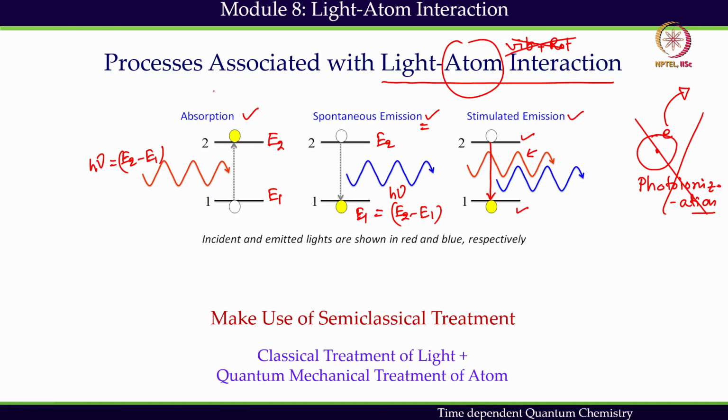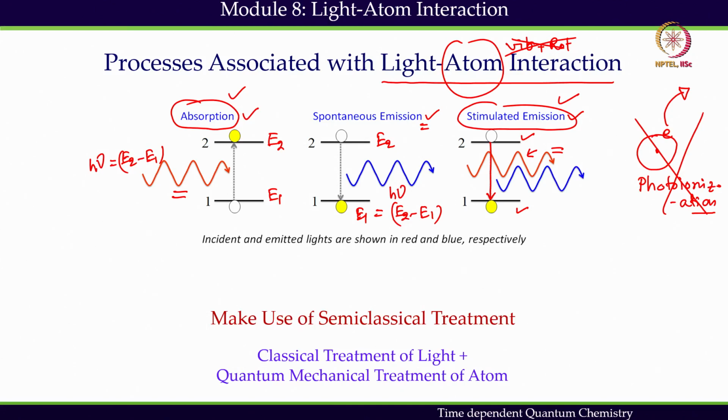For both absorption and stimulated emission, the rate will be proportional to the intensity of the applied radiation field, because you can notice here this red color beam is used, which is the field with which the system is interacting.